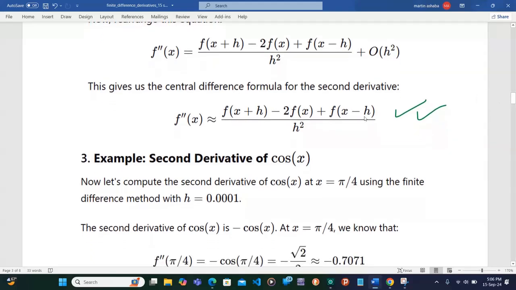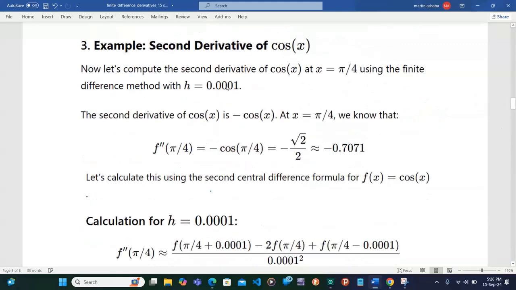We have to use the central difference method, and we shall be able to determine the second derivative of the function.